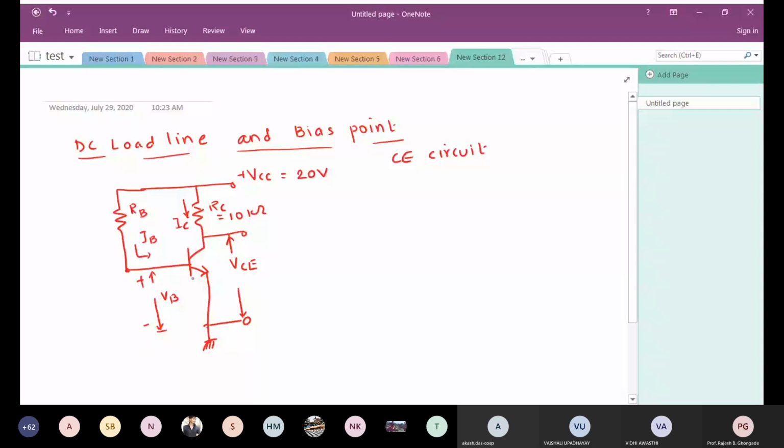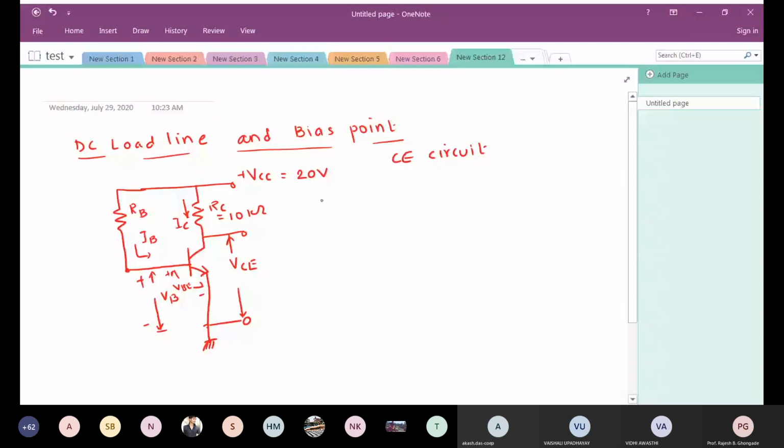Now polarities of this VBE are such that this junction is forward biased. We already know that if I want to use this as a transistor, I have to make sure that this junction is forward biased and the collector base junction is reverse biased. Now to plot the load line, we have to consider the output characteristics and then apply this equation.